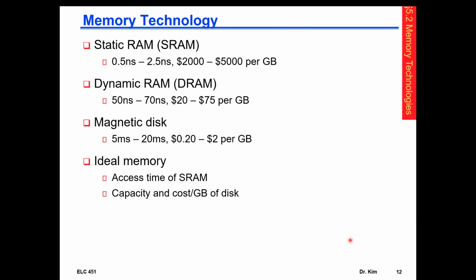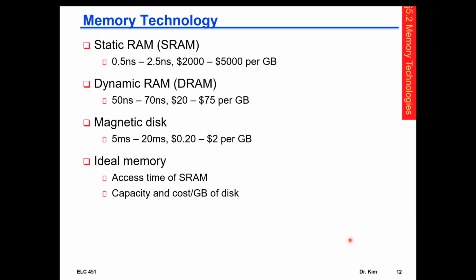Now let's digress a bit and talk about memory technology. And this data is exclusively to give you a relative appreciation of the different memory technologies in terms of sizes, in terms of speed, in terms of cost. It's very hard to keep it up to date because technology is advancing all the time.